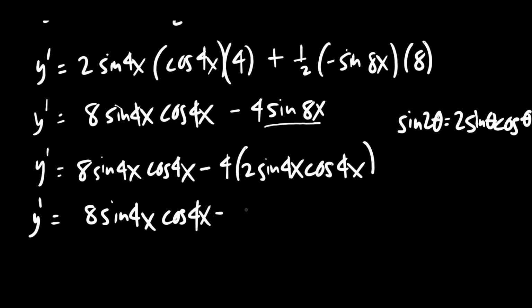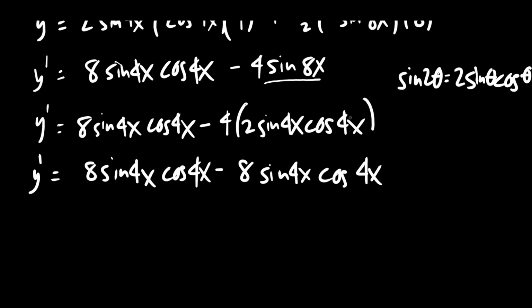By simplifying, we have 8 sine of 4x cosine of 4x. Further simplifying, y prime, minus this one, it will be cancelled. So the final answer is y prime is just equal to 0.